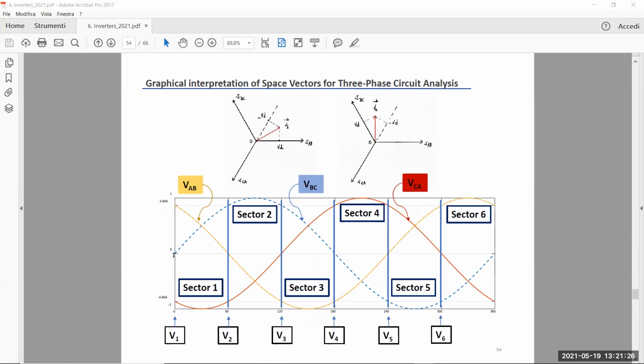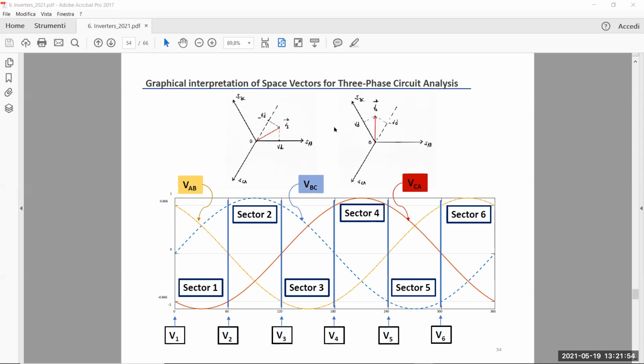For example, VAB has this behavior here. You have this point here, here, here, here, and here. VBC, according to the construction, here, here, here, etc. So basically, you have discrete points that track this behavior.